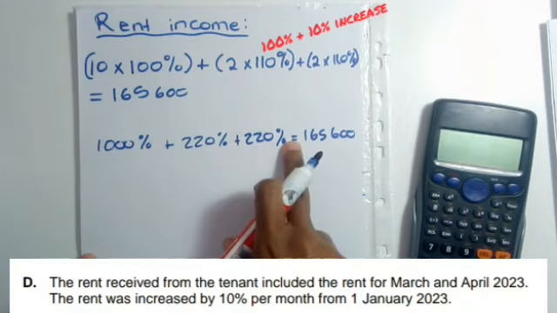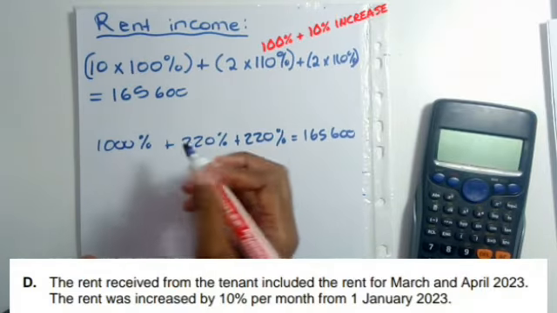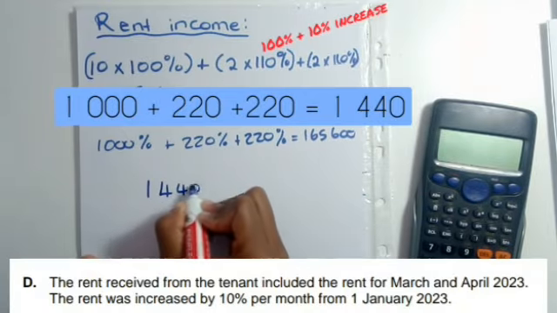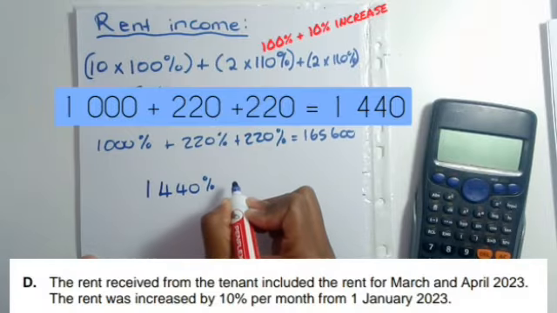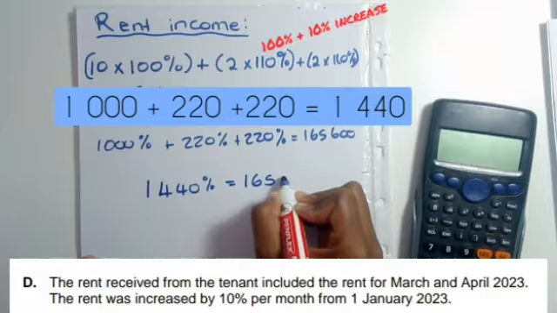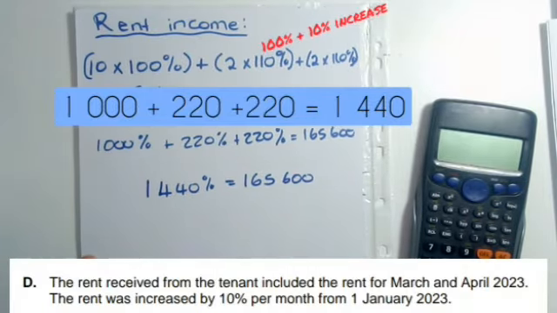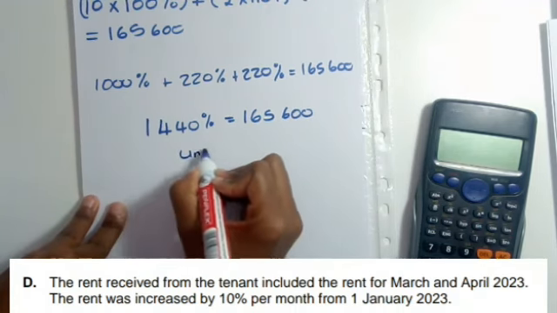Don't put the percentages, just 1,000 plus 220 and 220. It will give you 1,440, so 1440% is equal to still 165,600.